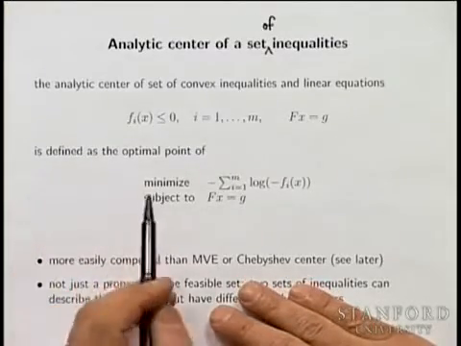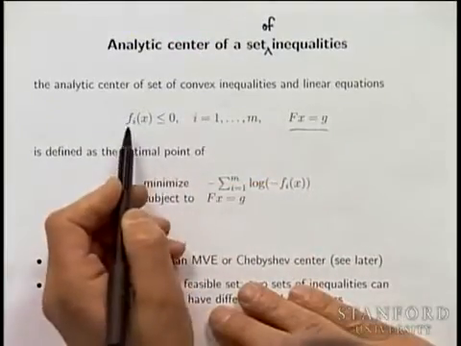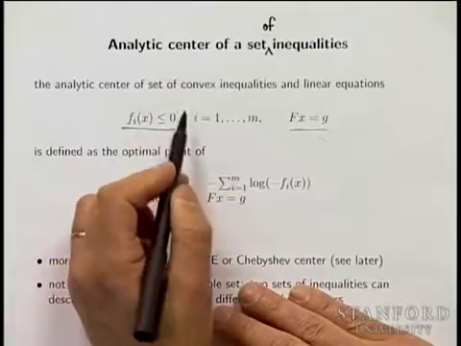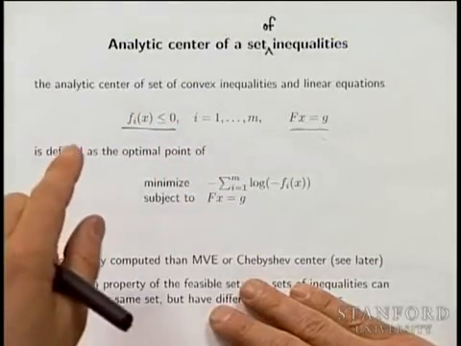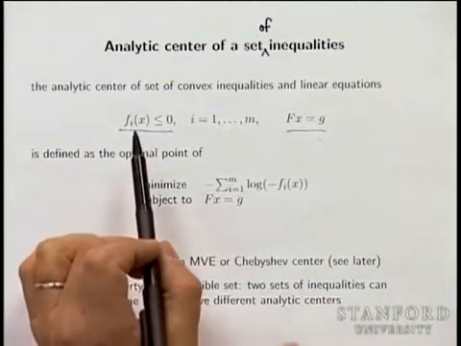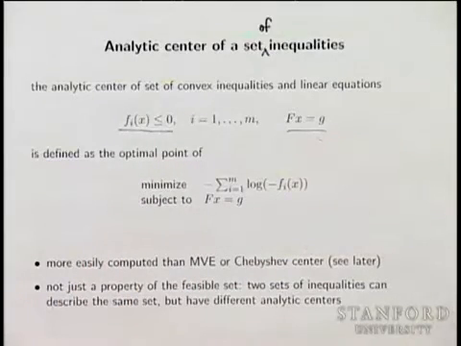What you do is you set up a problem. You have some equality constraints and you have some inequalities. The margin here is actually minus f_i of x. So for example, if minus f_i of x is 0, you'd say it's tight. Minus f_i of x is 1 would mean you'd have a slack or a margin of 1. And you kind of want to minimize the margin.